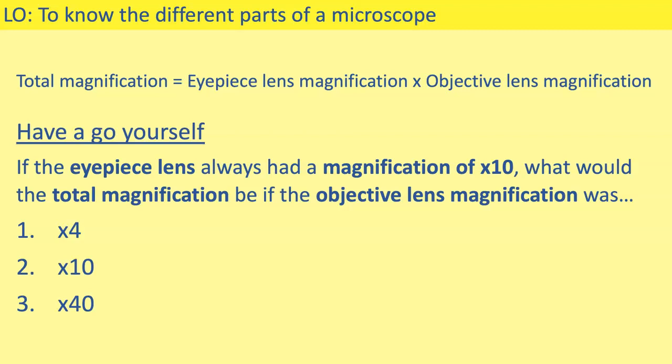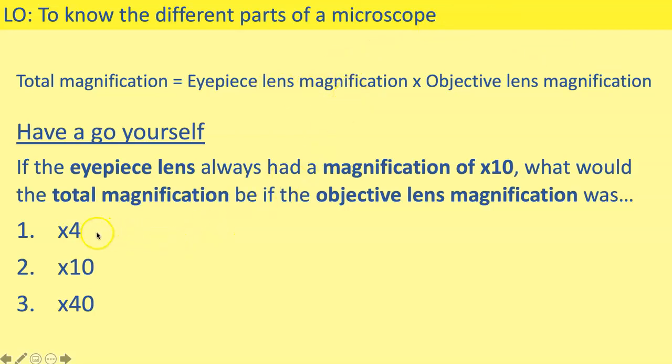So using the equation that is on the screen, have a go at calculating the total magnification. So for these examples, the eyepiece lens will always be times 10. So eyepiece lens magnification in the equation at the top here will be 10.